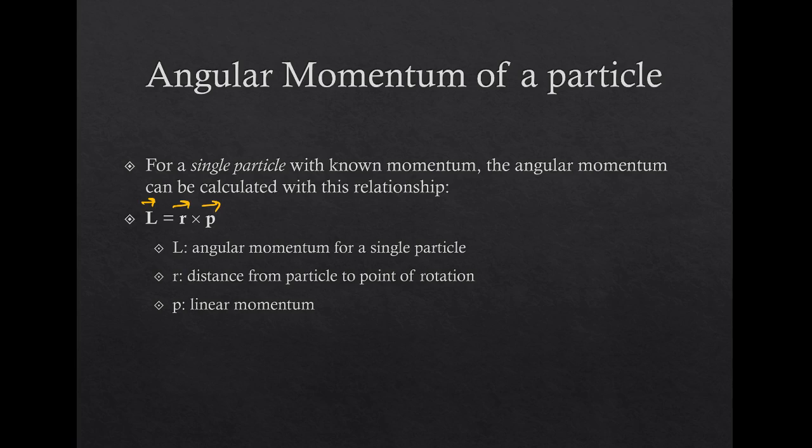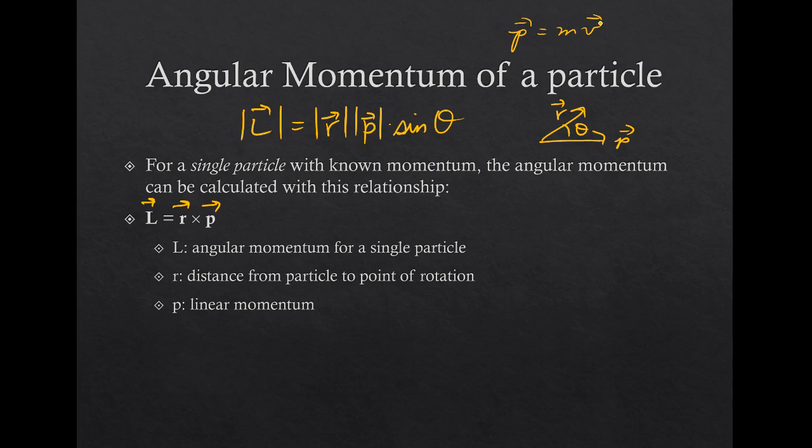We also want to be sure to write out that we can calculate the magnitude of this, because it is a cross product, by taking the magnitude of the two vectors times the sine of the angle between them. So if this is r and this is p, then we're looking for this angle right here. Okay? And of course, p, the linear momentum, is just mv.